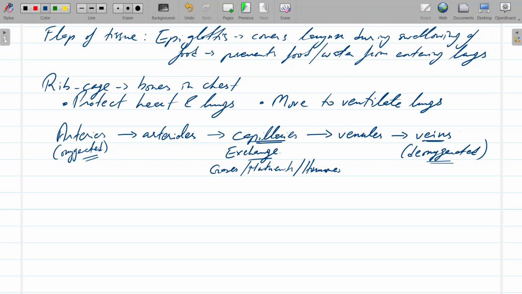Why does weight affect breathing? It affects breathing because when you're putting on fat, it becomes more difficult for the muscles and the cells and everything.